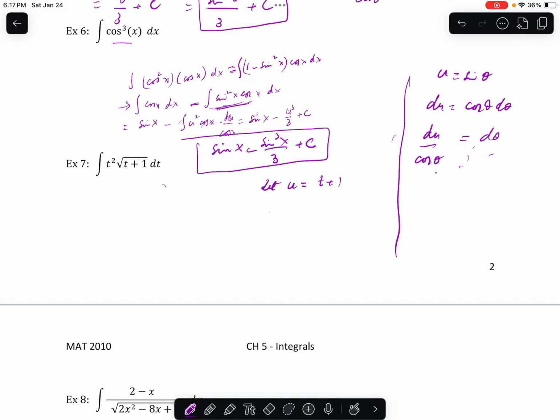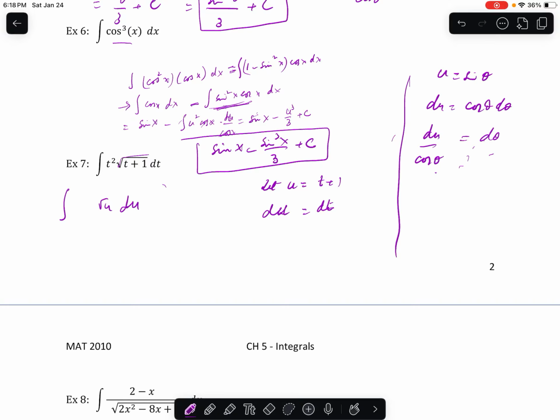Then du will be equal to just dt. So now when I plug back, I will get the integral for this quantity, square root of t plus 1, becomes square root of u du.